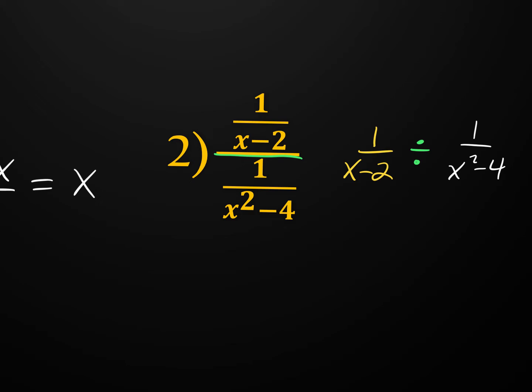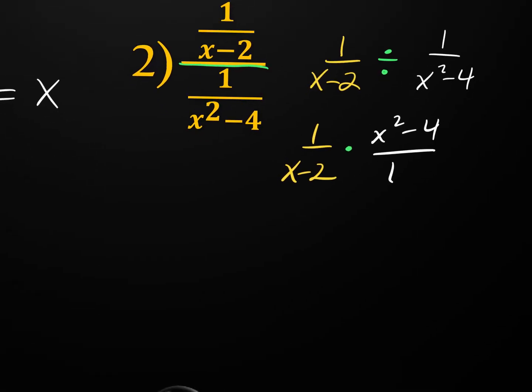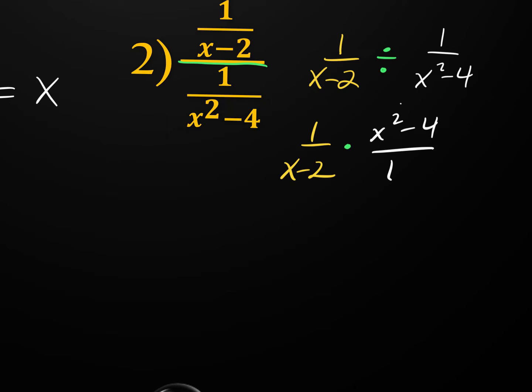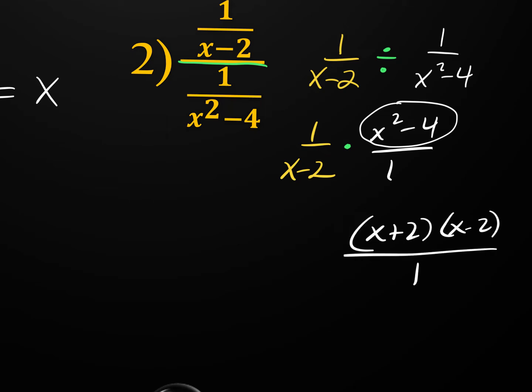So the P5B, keep, change, flip it: keep this one the same, change it to multiplication, flip it upside down. Now remember, in order to multiply here, I have to factor first because I have to look for things to cancel. So I'm going to factor this numerator. This is the difference of two squares. It becomes x plus 2, x minus 2, and it's over 1.